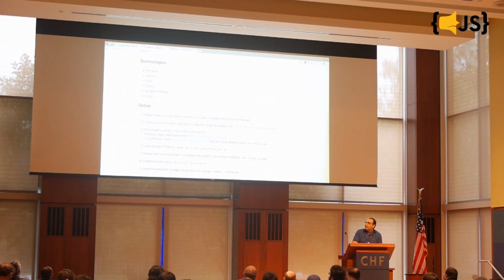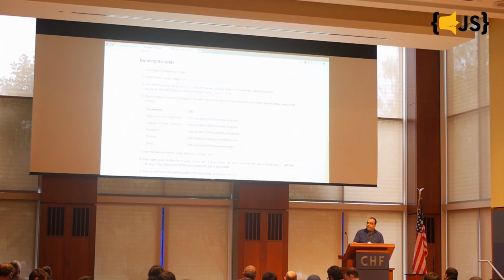You just need to have Python and a simple HTTP server installed. Once you have that, you can launch the application, and it has different implementations of the same website in Angular 1.1, 2.0, Backbone, React, and Polymer, and they have these relative URLs.